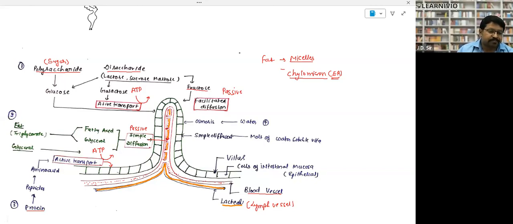Now come to the fat. Fats are broken down into triglycerides, we know, right? Now these triglycerides are broken down into fatty acid and glycerol. Fatty acid and glycerol are absorbed through the simple diffusion process first. But they are not transported or absorbed through these arteries and veins, right? They are absorbed by these pipes with this yellow color, which are basically called lacteals.